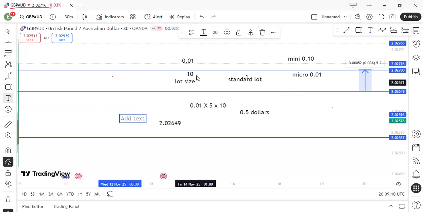So now let's assume that this is the bucket you use. Now this is the bucket I use, that is 10 lot size. Now I will times 10 times the same movement. Let me say movement 5 pips times the standard lot times 10.